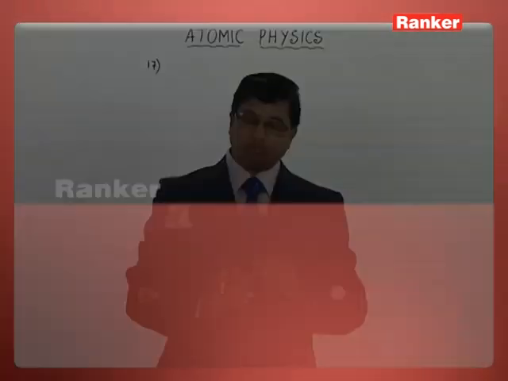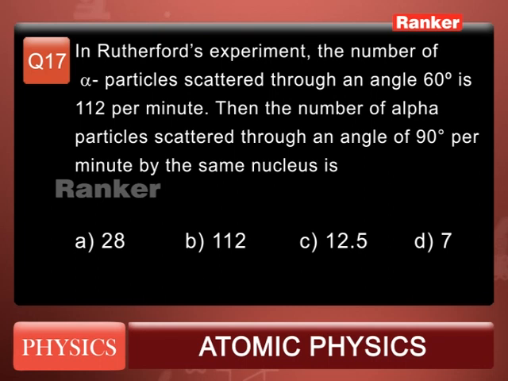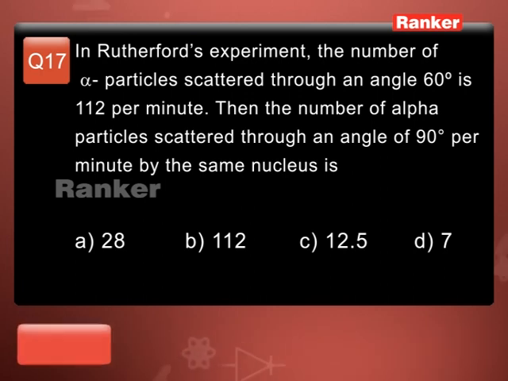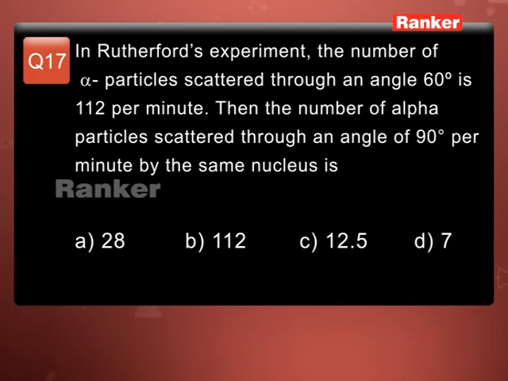So if you look at this problem, in Rutherford's experiment, the number of alpha particles scattered through an angle 60 degrees is 112 per minute. Then the number of alpha particles scattered through an angle of 90 degrees per minute by the same nucleus is how much?